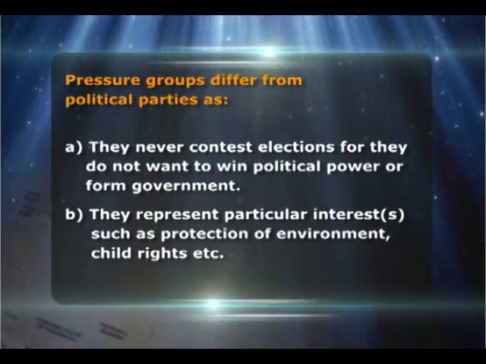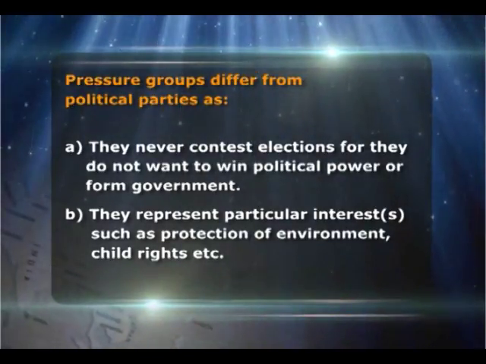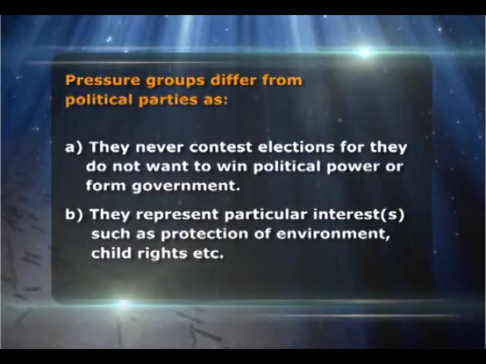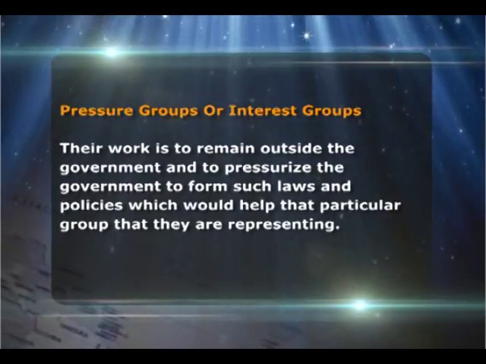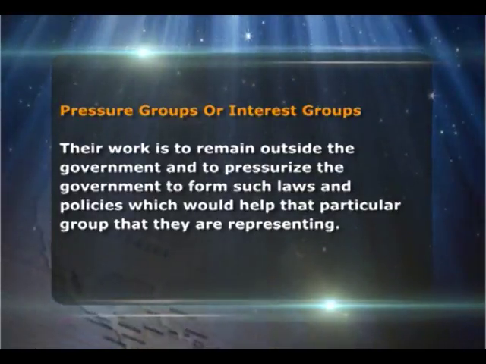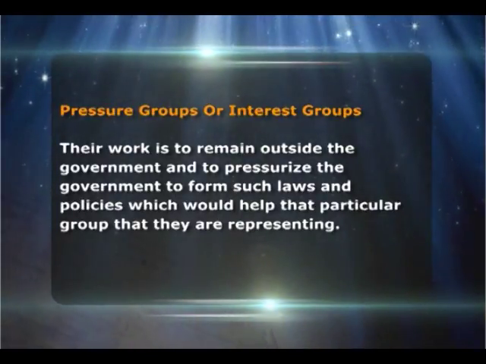For instance, they might represent the protection of the environment, or maybe the need to protect the rights of children, or maybe the need to protect the rights of women, or maybe the need to promote and protect the rights of a particular group of people who are a minority and who might soon become extinct. Okay, therefore their work is to remain outside the government and to pressurize the government to form such laws and policies which would help that particular group that they are representing.